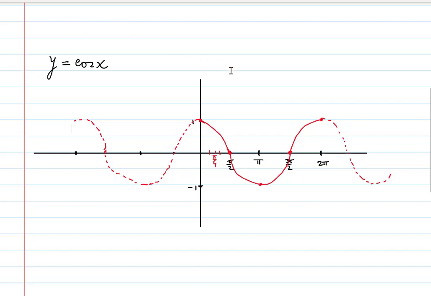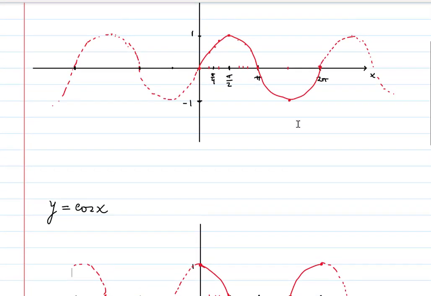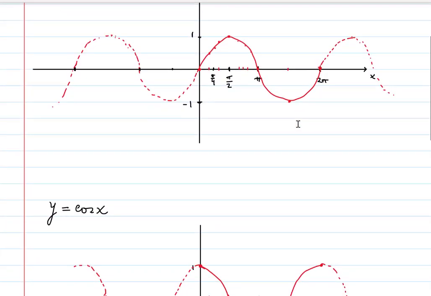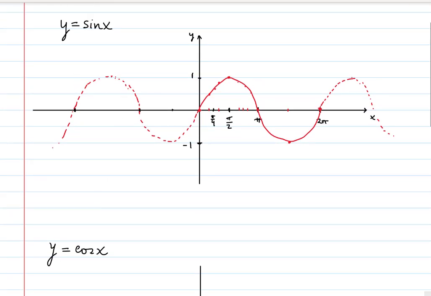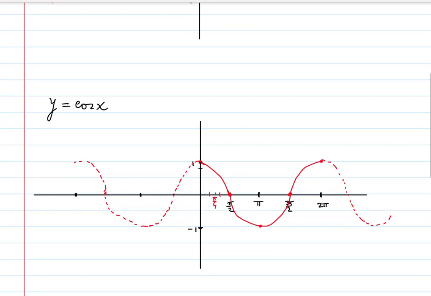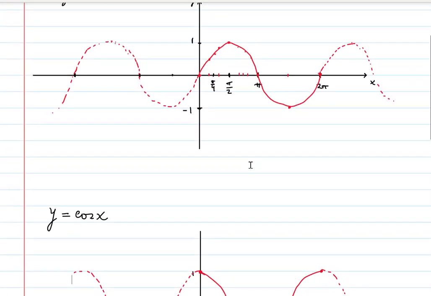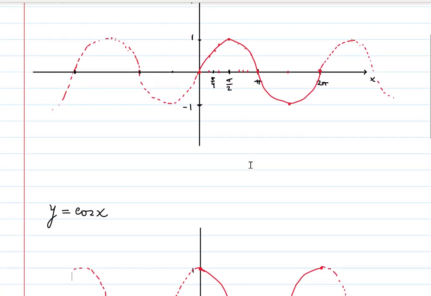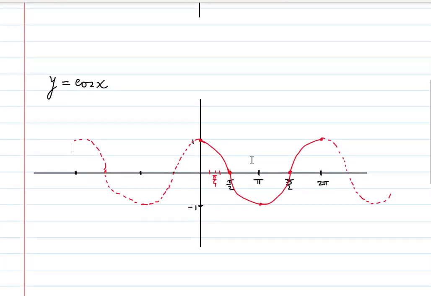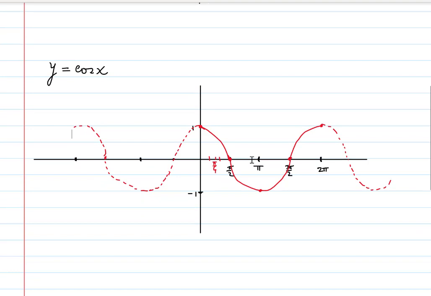Now notice here, if you compare the two, they're really identical, except that they have a different starting point. Given the parent functions here, one starts at the origin right there, the other one starts right here at the peak at 1. So that's basically the only difference graphically. And then we're going to talk about the different characteristics that they have.